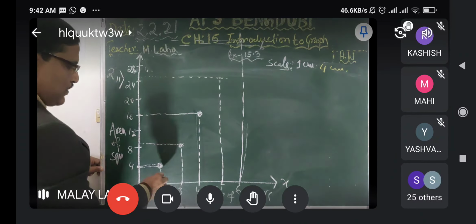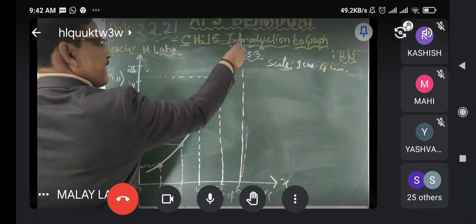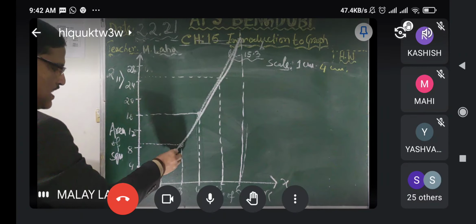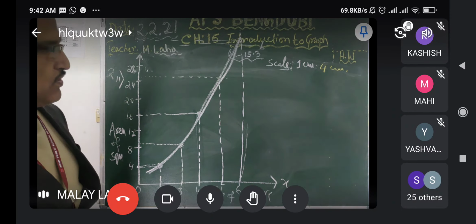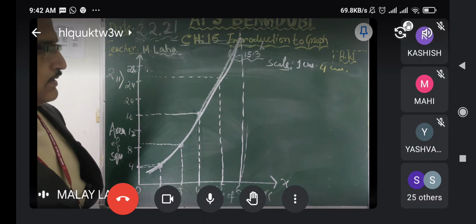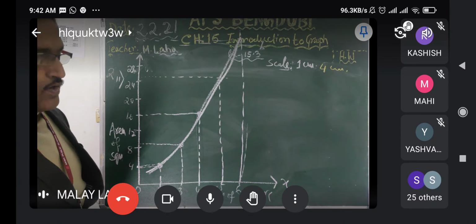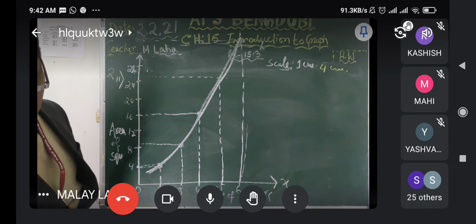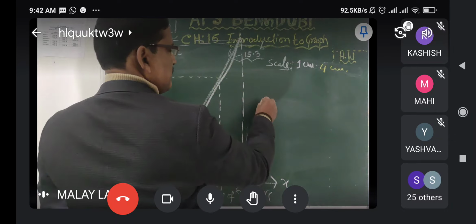So if you draw it, it will not be a straight line. This type of line, a curve. So area and side, if you join them and see, it will be a curve, a parabola. So sides and area of a square will not follow a linear line graph.